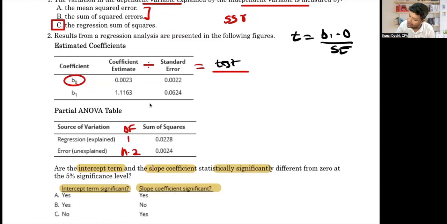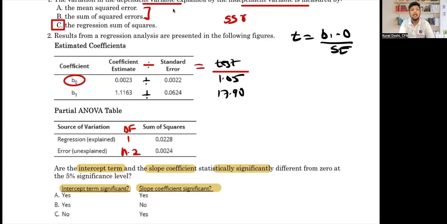If you divide both, it is going to be 1.05, approximately. And if you divide the second one, you will get approximately 17.9.